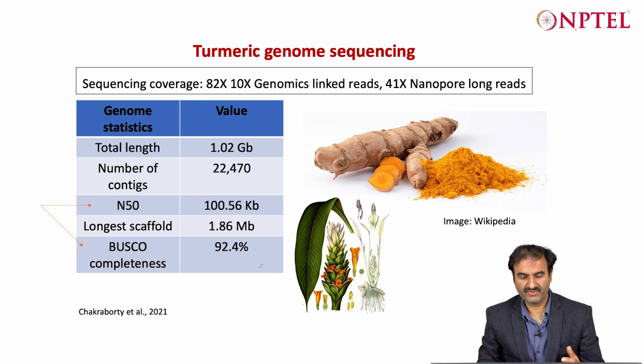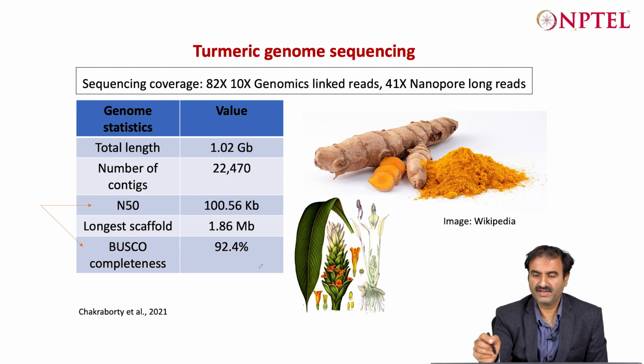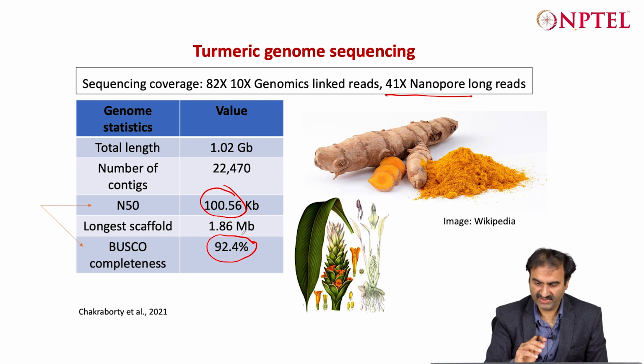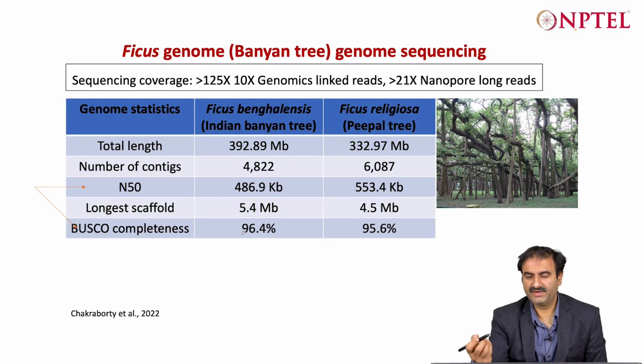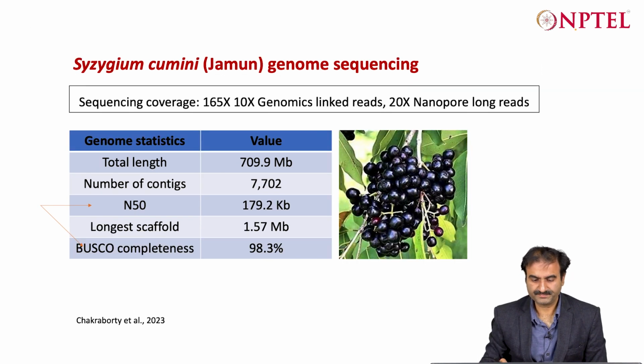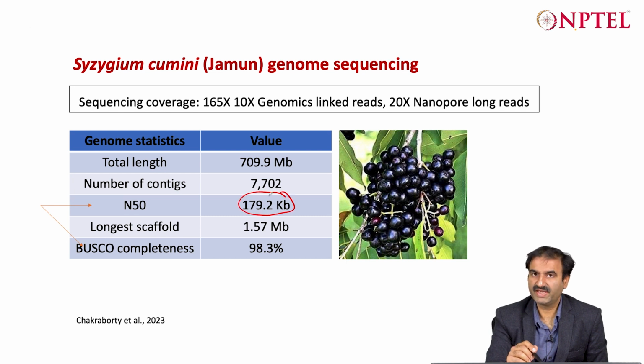For example, in the case of the turmeric genome, you can see that 41x nanopore data was used, and the N50 was about 100 kb, and Busco was 92%, which is reasonable. For the banyan tree, the N50 was higher, about 480 or 500 kb, and Busco was more than 95%, which is good. In the case of Jamun, the N50 was 179 kb, whereas Busco was more than 98%.